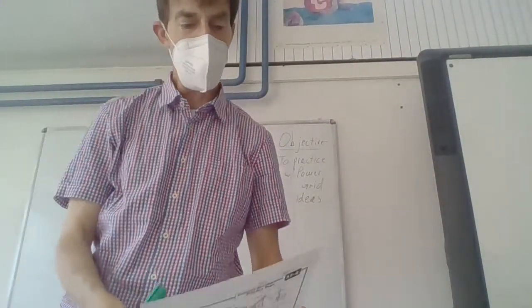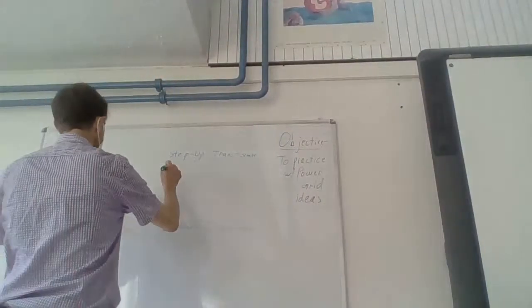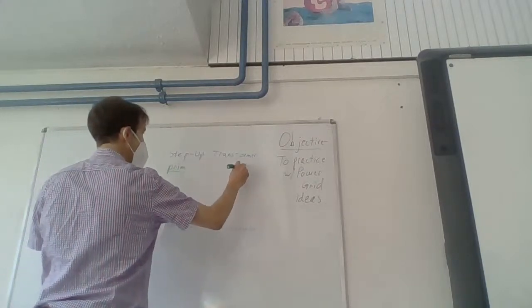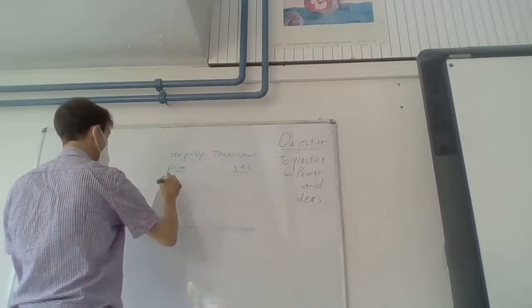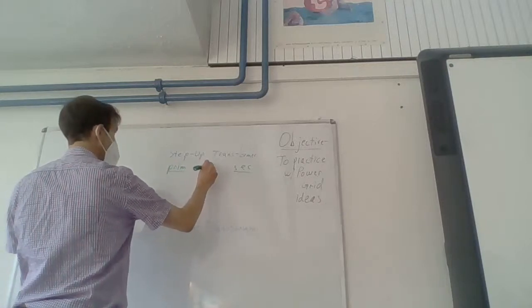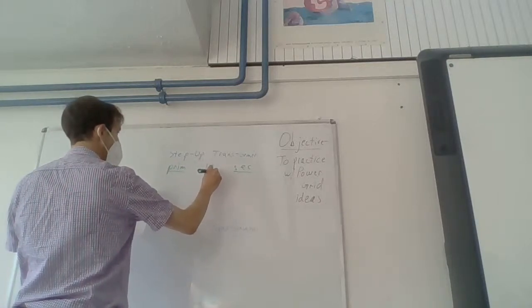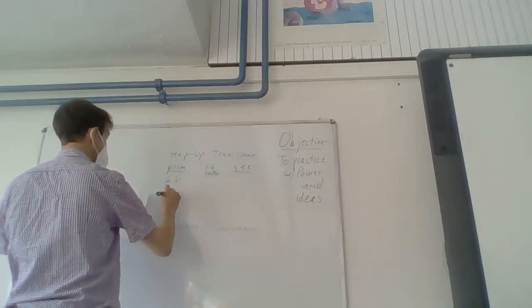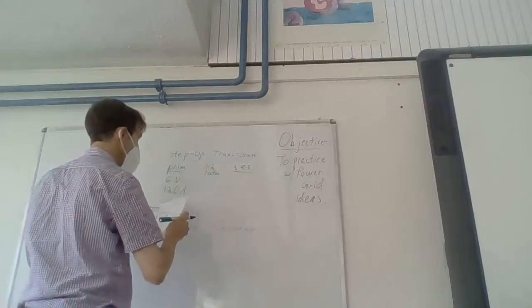For the first one, the primary is on the left, and the secondary is on the right, and we got a 1 to 2 ratio, and we got 6 volts, we got 120 amps.